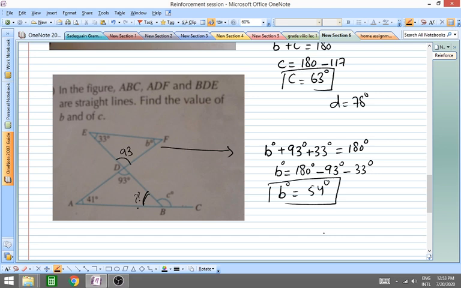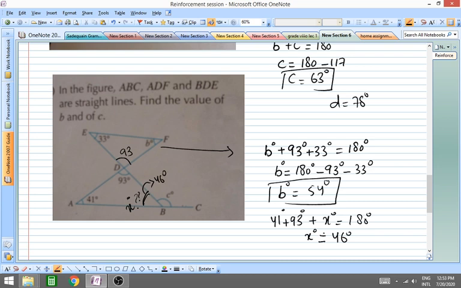Let it be, let's say, x degrees. So I will write my equation as 41 plus 93 degrees plus x degrees would be equal to 180. By simplifying this equation, x degrees would be equal to 46. Here I have marked it as 46 degrees.